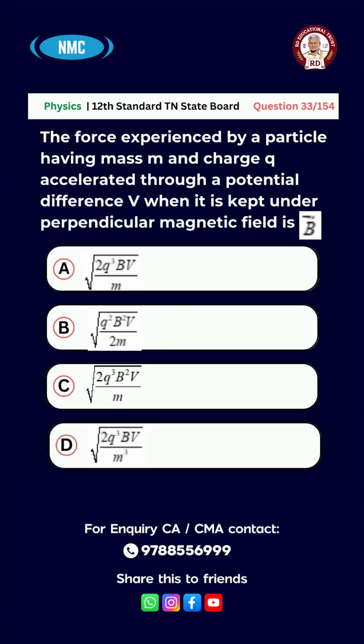The right answer for this question is option C, root of 2q cube B square V by m.